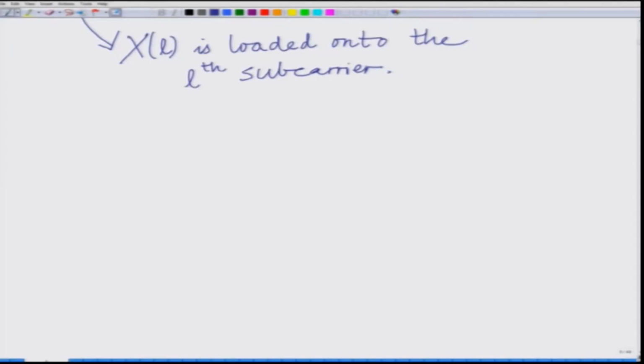Now, what does it mean to say they are loaded onto the subcarriers? This is what it means. So, we have the symbols X0, X1, X2, X3.